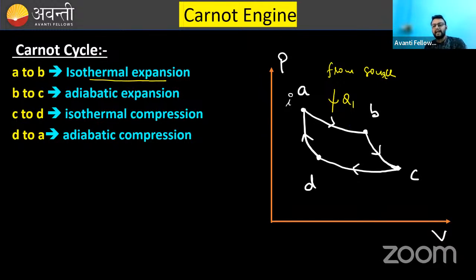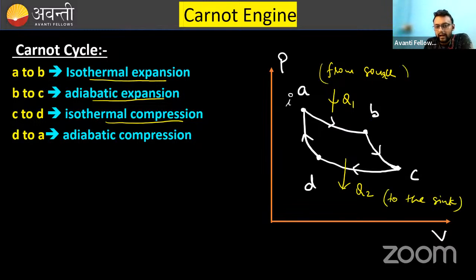From the source, it has taken some heat Q1. During BC, this is adiabatic expansion, so no heat is taken or rejected. Again, C to D is an isothermal compression, and in this process, it rejects some heat Q2 to the sink.